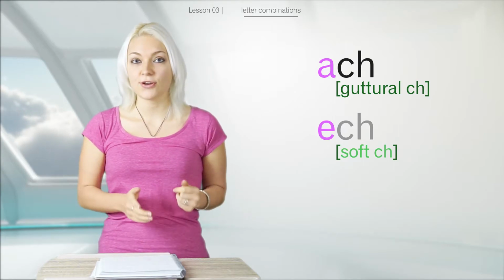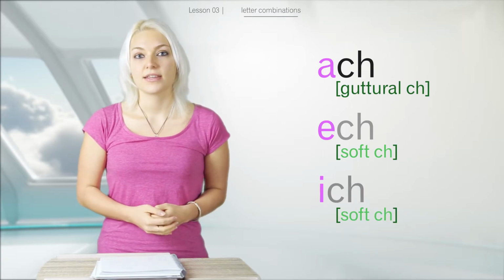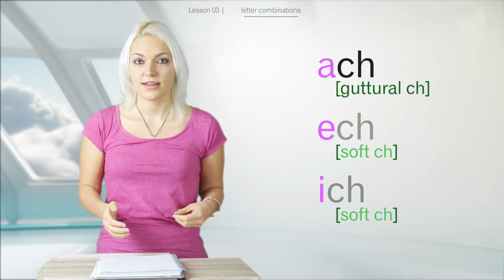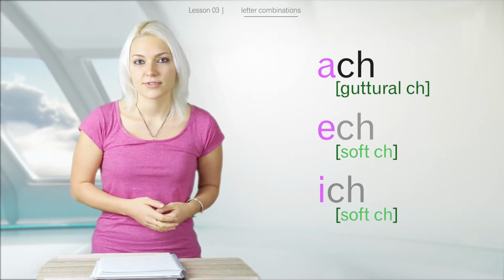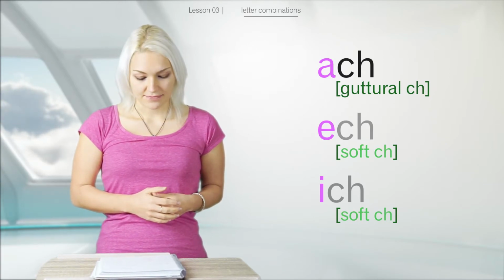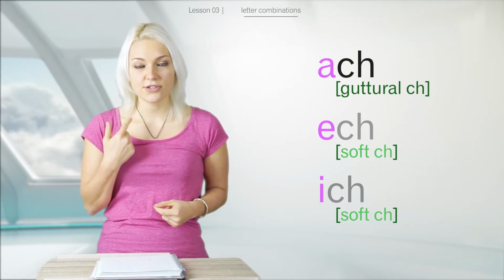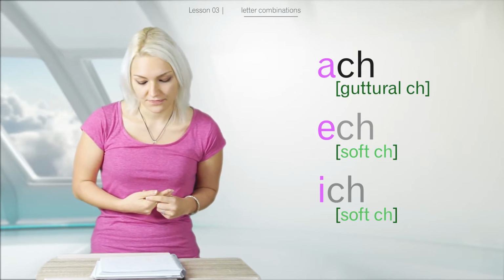And you don't only have this after the E, but also after the I. So, ICH becomes ich. You might have heard this word because it actually means I. So, ich, I. So we have after the A a guttural CH, after E and I a soft CH.